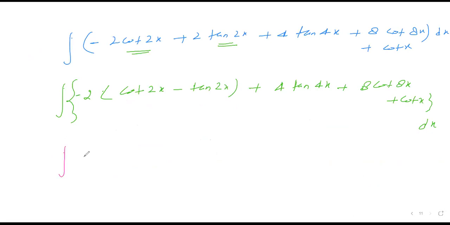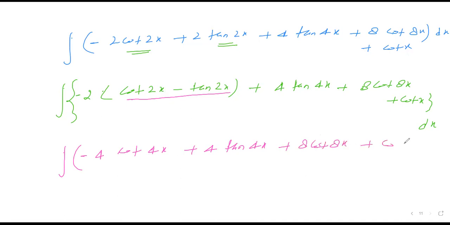So you can write minus 2 times 2 cot 4x, with minus 2 outside the bracket. So it becomes minus 4 cot 4x plus 4 tan 4x plus 8 cot 8x plus cot x dx.